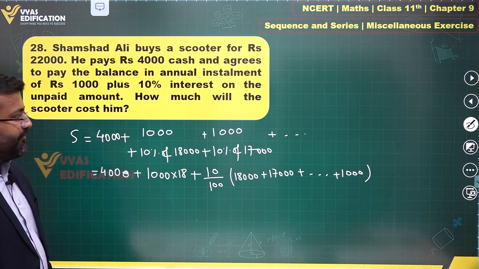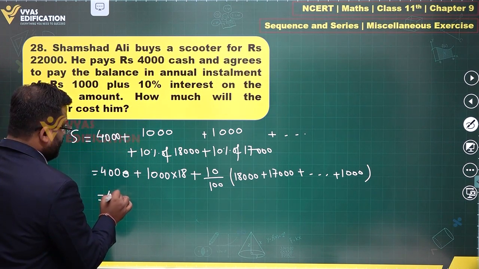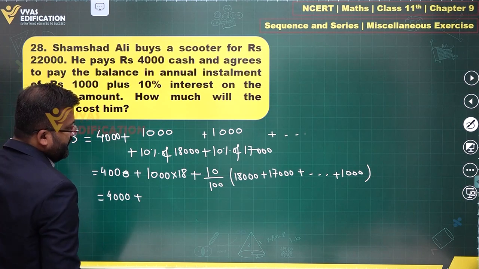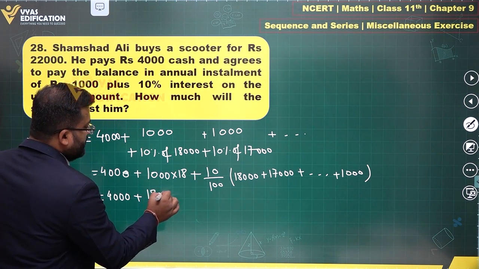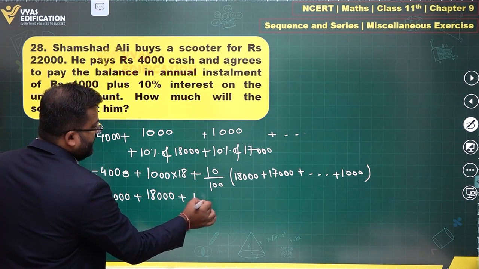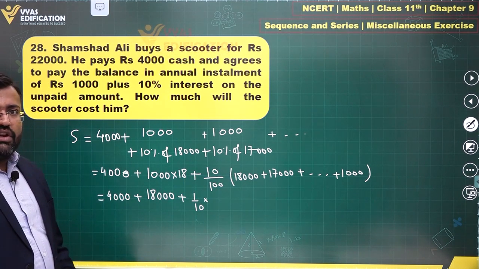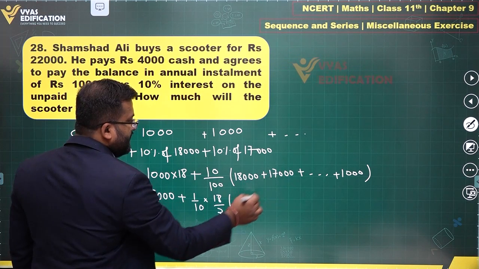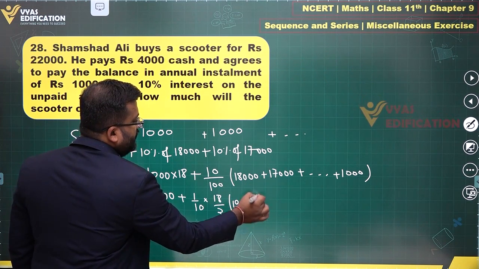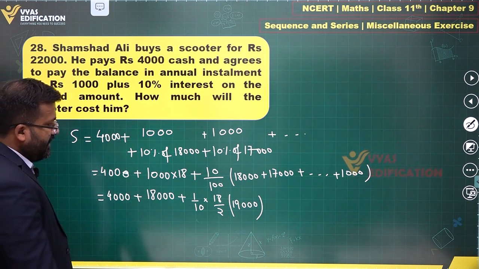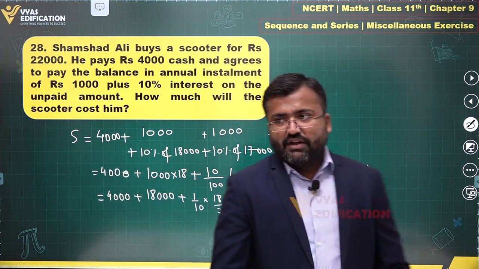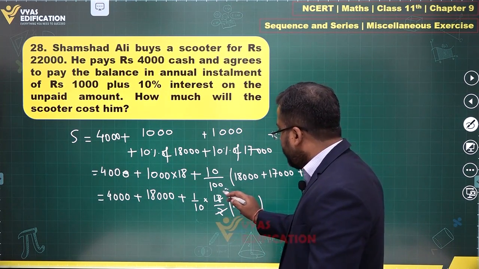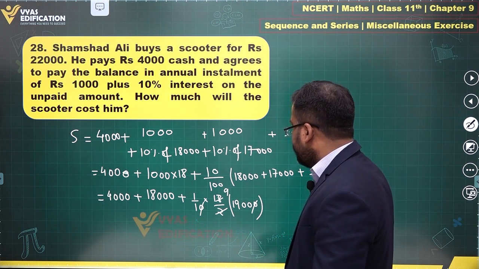Is that okay? Yes. This 4,000 is okay, plus this is 18,000, which is also okay. Plus this is 1 by 10. And the sum over here is a total of 18 terms: 18 by 2, first term 18,000, last term 1,000, so the total is 19,000. Okay. And what does this simplify into? Let's take a look. This goes away 9 times. This 0 cancels this.